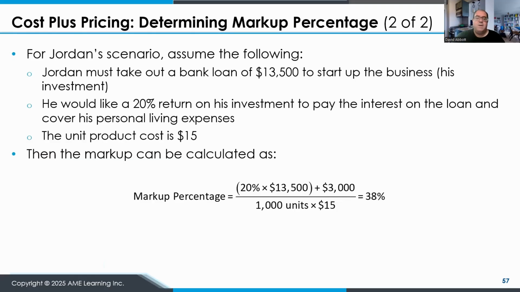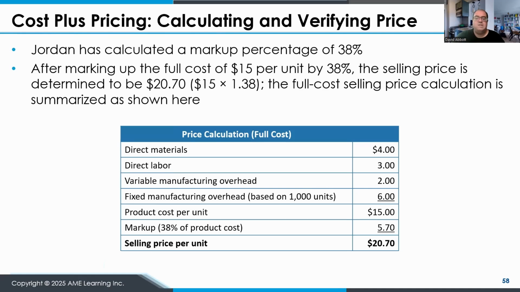He also would like to make a 20% return on his investment in order to cover the cost of the loan as well as to cover his living expenses. And so the product cost we said was $15. And if we plug all of that in, we get that the markup percentage that we should be using is 38%. So Jordan's calculated markup percentage is 38%.